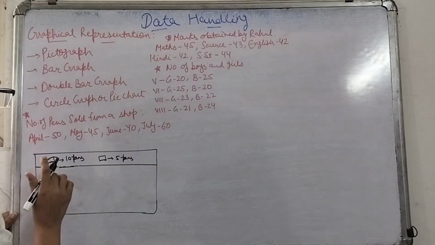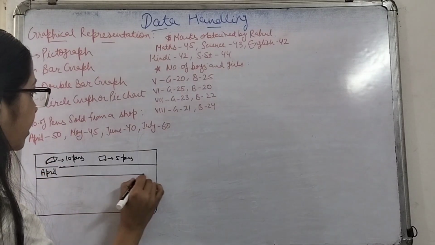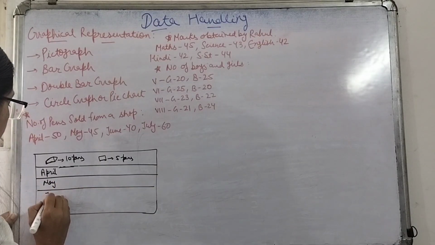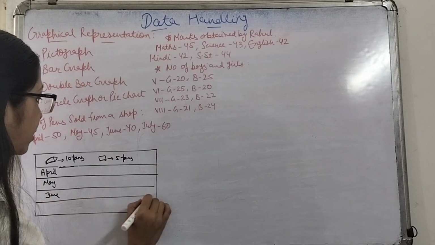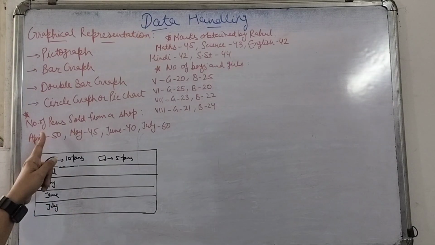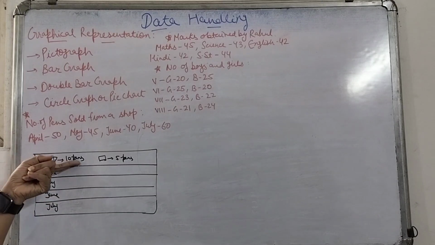Now, first of all, we will take the months: April, then May, then June, then July. These are the months we have to represent. In the month of April, 50 pens were sold. This picture shows 10 pens.